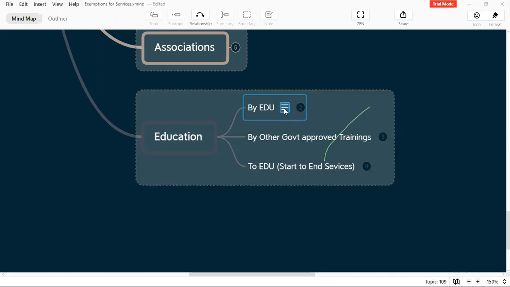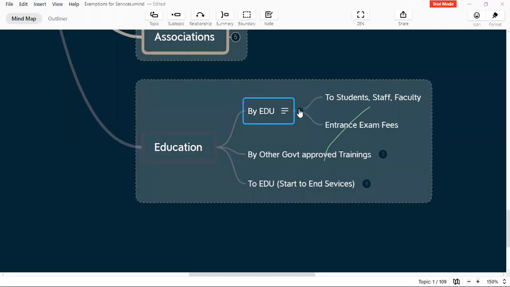That is what is meant by an educational institution. What the government says is, any service provided by a preschool up to university or even higher education within India is covered. Remember, it's within India.